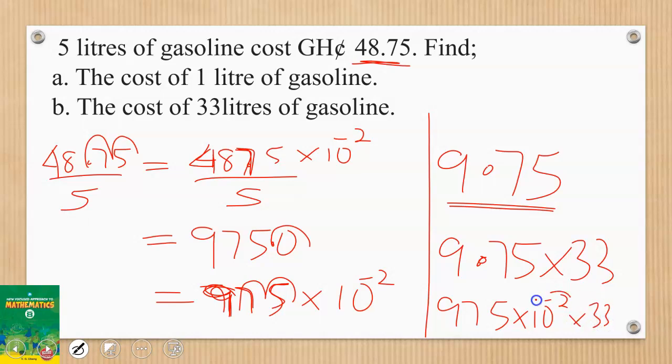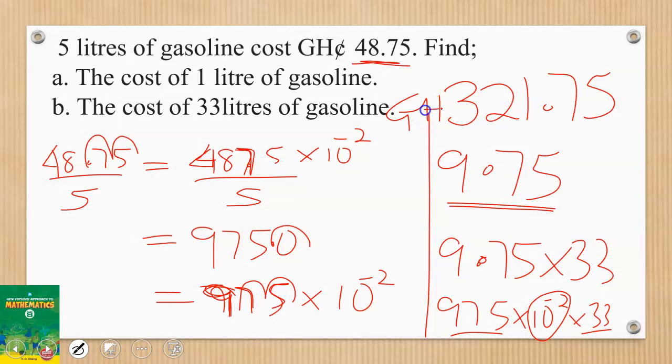So you keep the power of 10 aside, multiply the numbers, then use the answer to move the decimal point. When you take your time and do this nicely, which I would like you to try on your own, you end up getting your answer to be 321.75 Ghana cedis. So that is the cost of 33 liters.